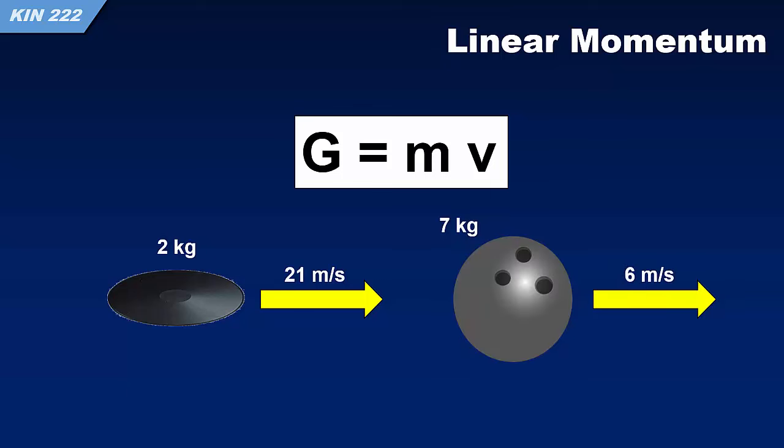So the 2 kilogram discus and the 7 kilogram bowling ball can both have the same amount of momentum depending on their current state of motion. Or something moving at 6 meters per second can have the same amount of momentum as something moving at 21 meters per second depending on the amount of inertia. So momentum is the combination of inertia and state of motion.